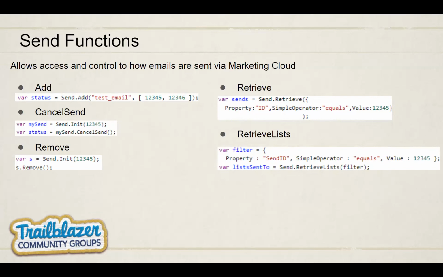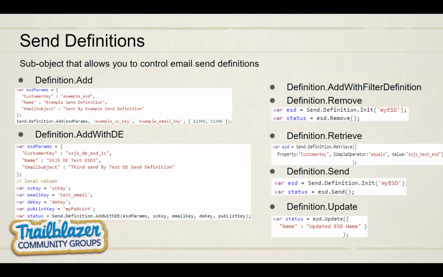So if we go to the next here, the send definition. The send definition is a sub object. So it allows you to control email send definitions with those associated functions like add, update, retrieve, remove. So for our first example here is the definition add function, and that adds a send definition.